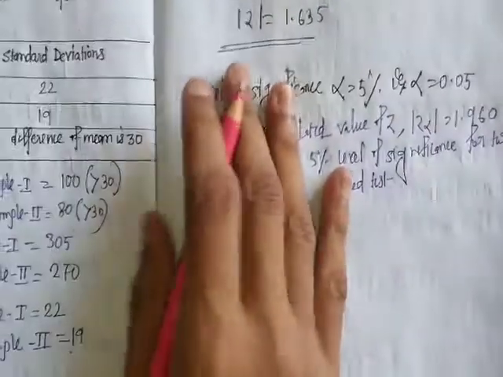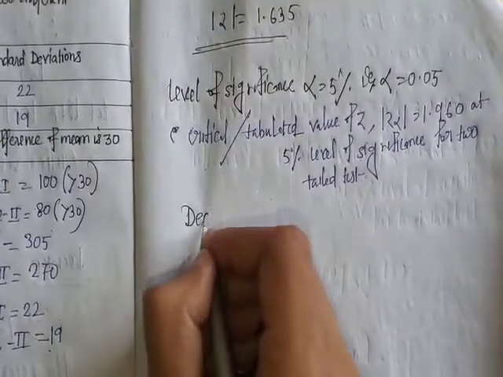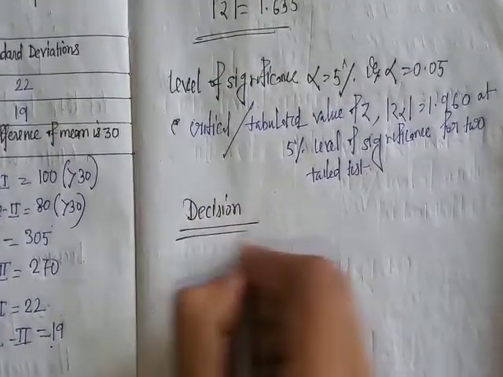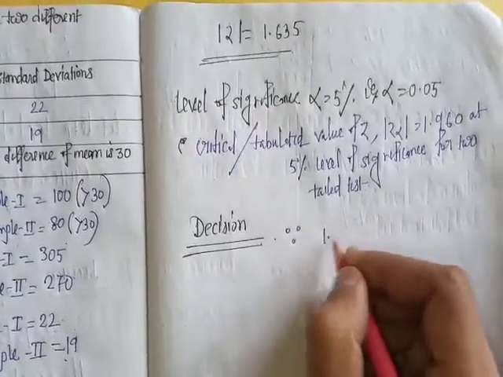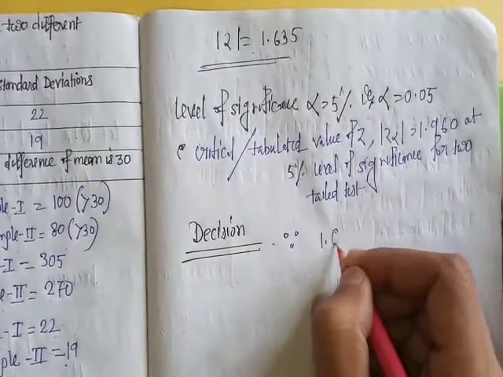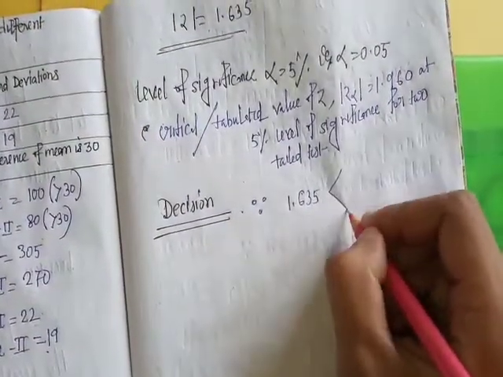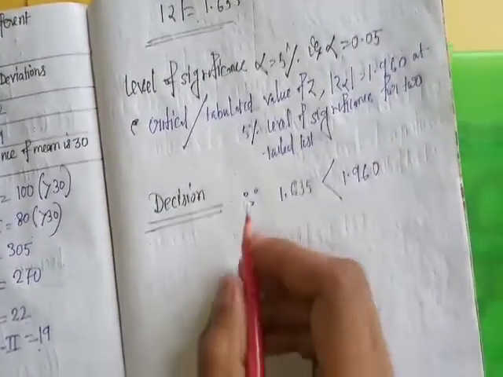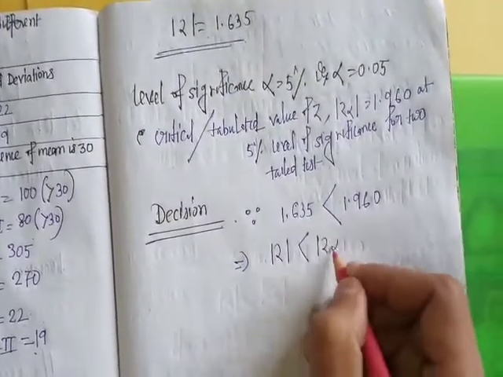Okay, so decision. Since the calculated value of z is 1.635, and 1.635 is less than 1.960, that is, mod z is less than mod z alpha.